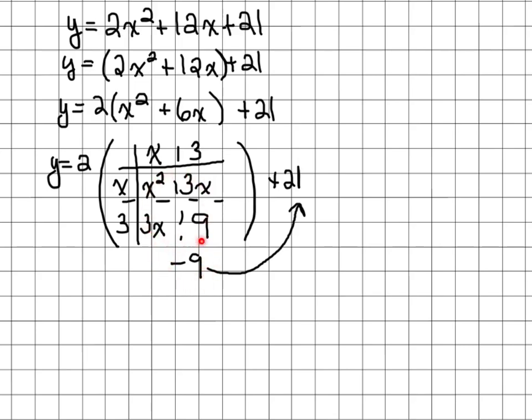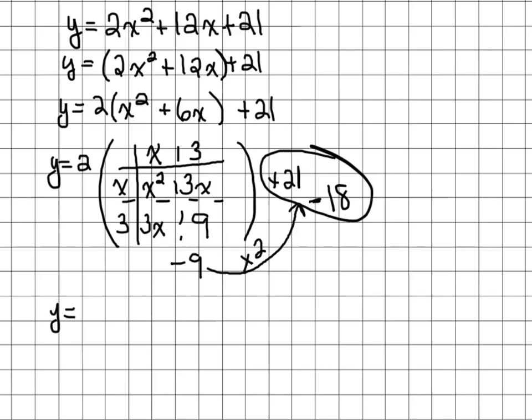This stuff in here is what we are using to create one square, but in fact we're doing 2 identical squares. So what we need to do is multiply this by 2, and that gives us -18. And it's these two that we're going to end up joining up together.